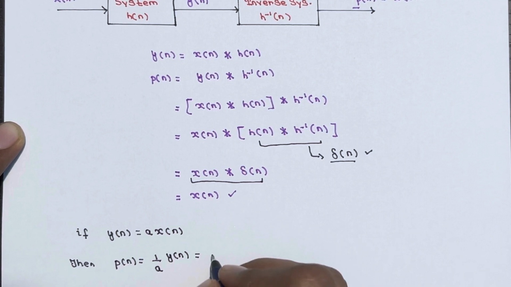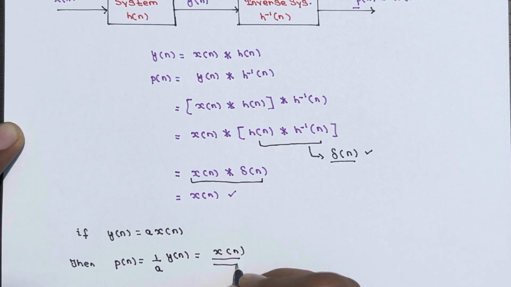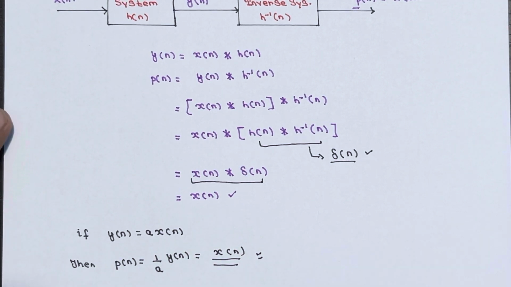Then only you will get x of n. So hope it is clear to you.